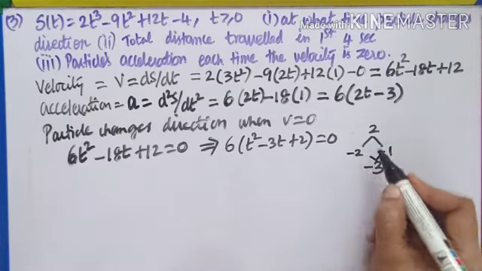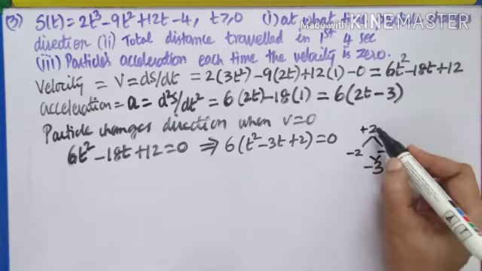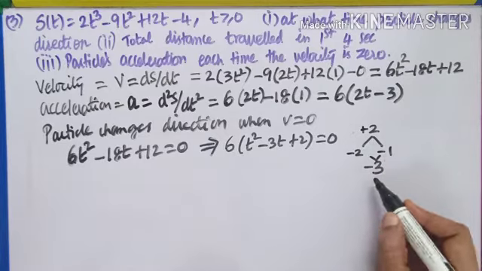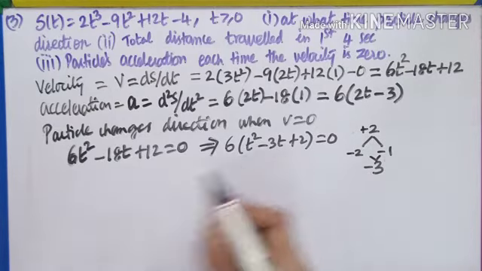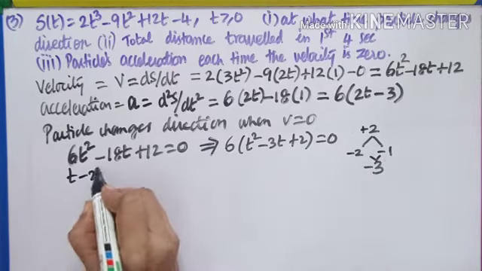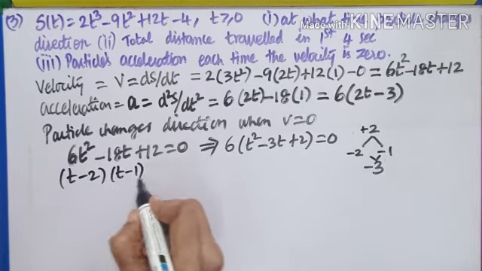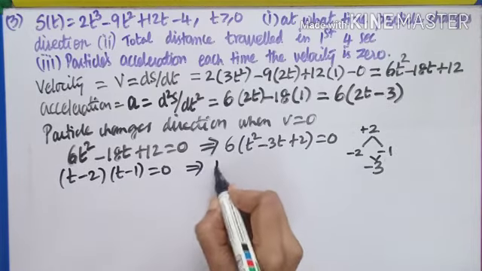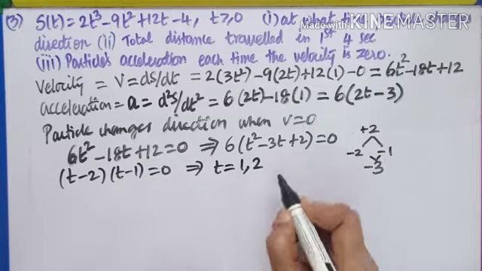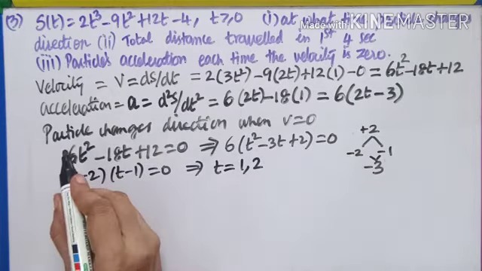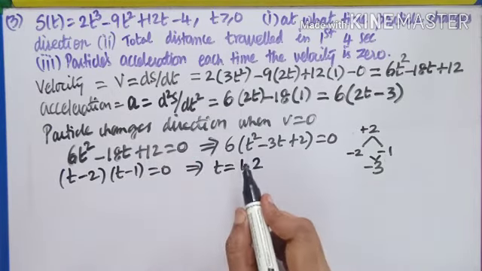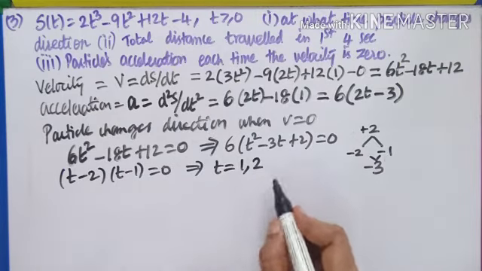Check it. Minus into minus plus. 2 ones are 2. Minus 2 minus 1 gives me minus 3. Putting it back here, t minus 2 into t minus 1 equals 0, so t is equal to 1, 2. So particle changes direction at 1 second and 2 seconds.